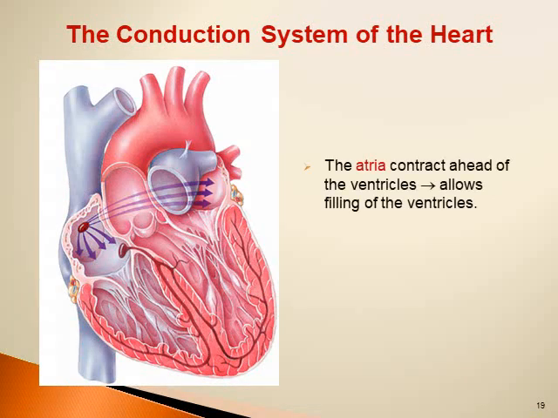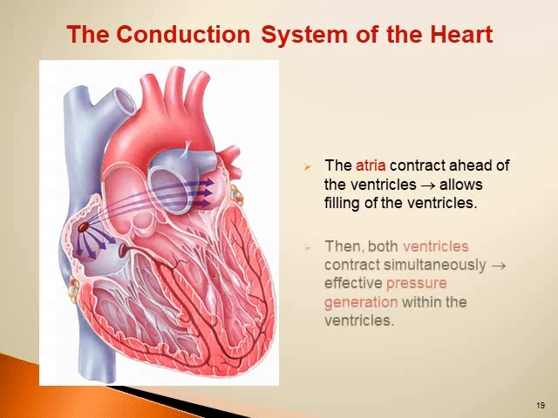So the atria contract ahead of the ventricles, and this will allow filling of the ventricles, as I said. Then both ventricles will contract simultaneously to produce effective pressure within the ventricles to pump blood into the systemic and pulmonary circulations. And that's why we need the delay at the AV node.